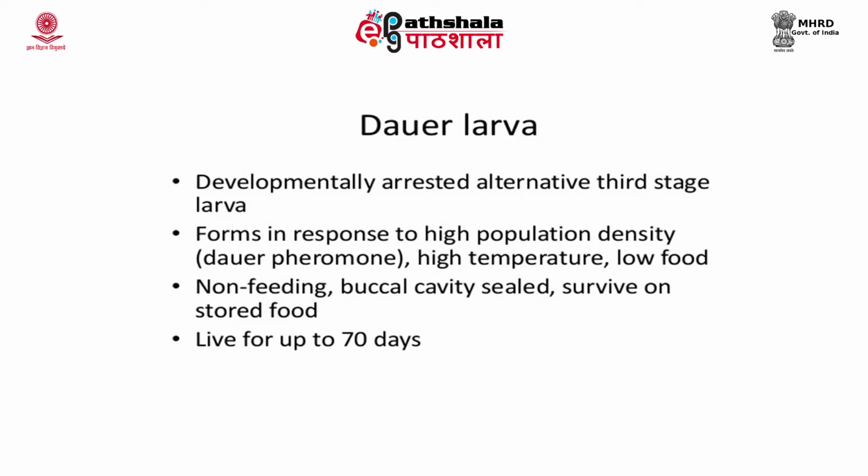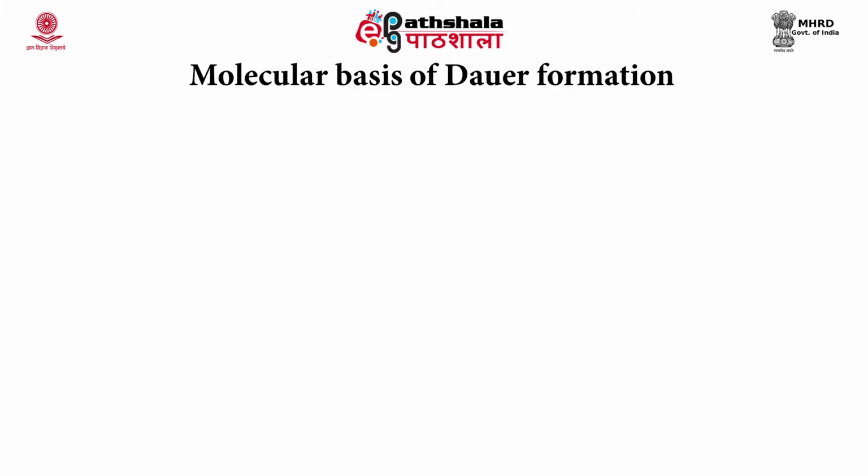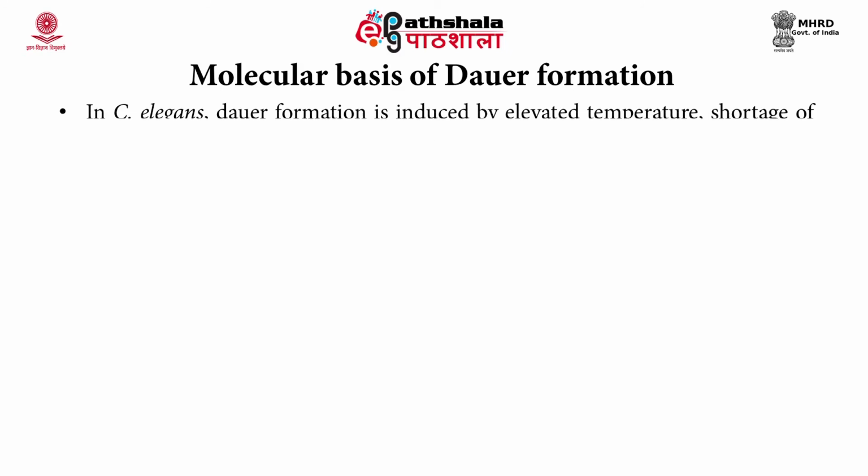This larva can live for up to 70 days. Post-Dauer adults have normal lifespan and continue in the life cycle. Now we will understand the molecular basis of Dauer formation. In C. elegans, Dauer formation is induced by elevated temperature, shortage of food and high population density.